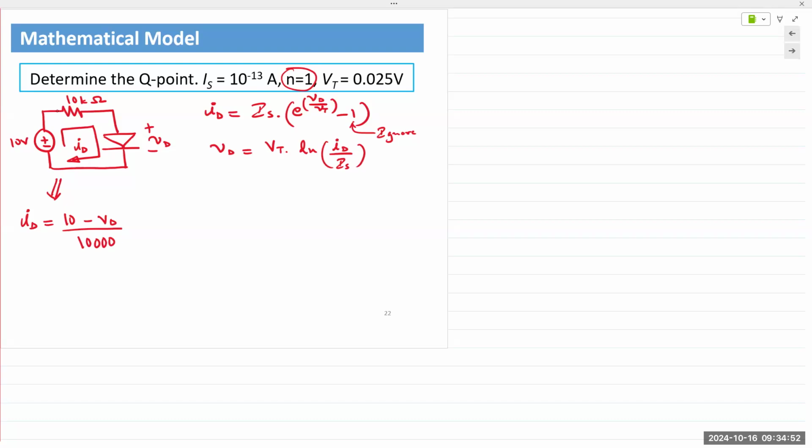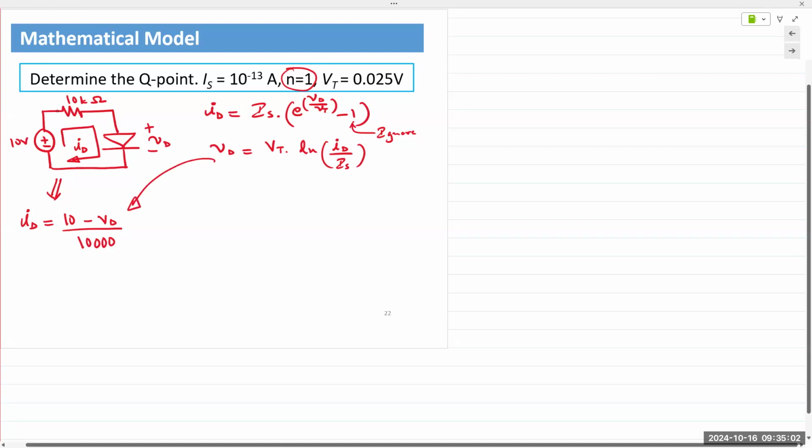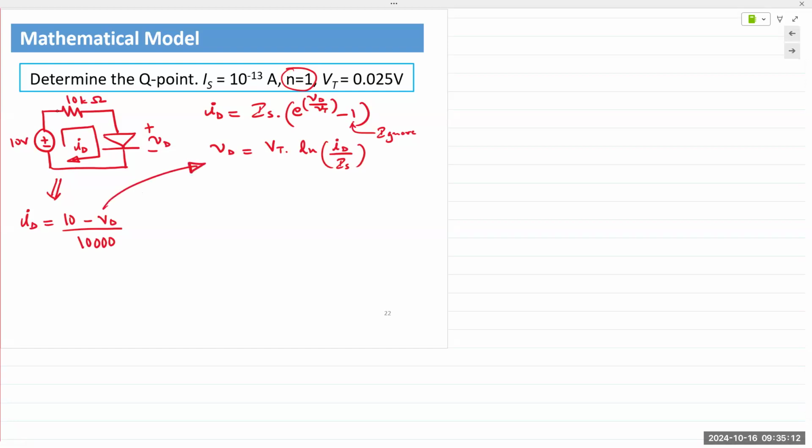Now, both of these have VD and ID. What we can do is we can plug either VD in here, or we can plug ID in here. Right? We have 2 equations for 2 variables.